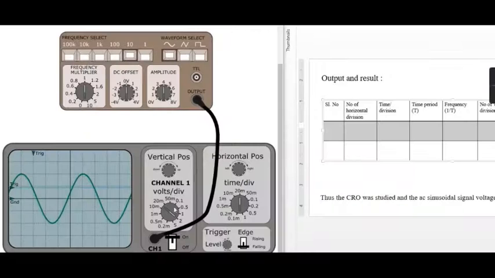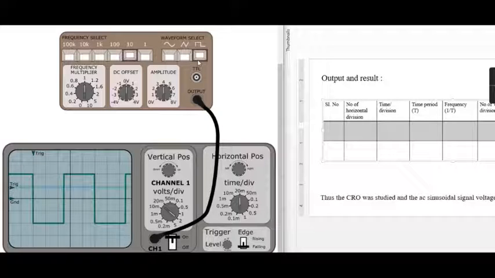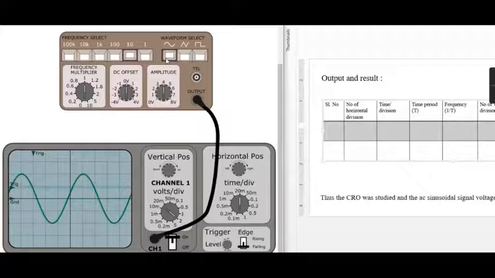Your CRO, in which we have connected the output from the function generator. This is your function generator. In the function generator, you can generate sinusoidal, triangular or square. If you want to generate a triangular, you can generate the triangular waveform. In order to generate the square pulse, you can generate the square pulse. We are going to measure the sinusoidal waveform parameters.